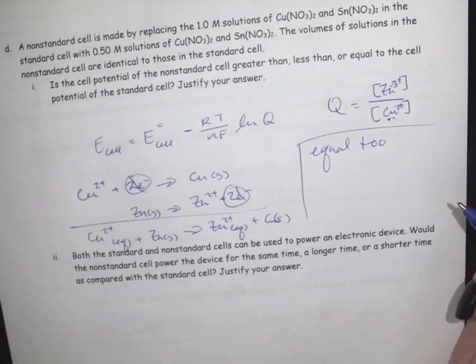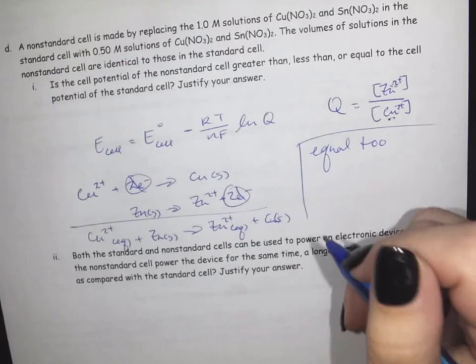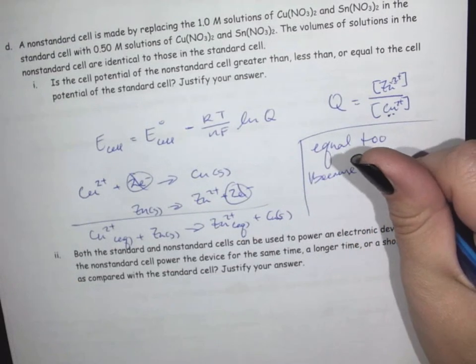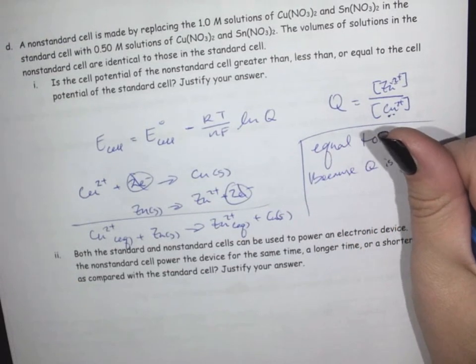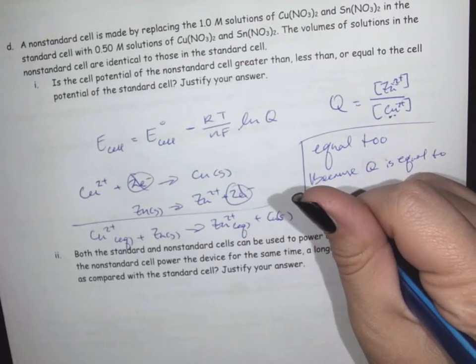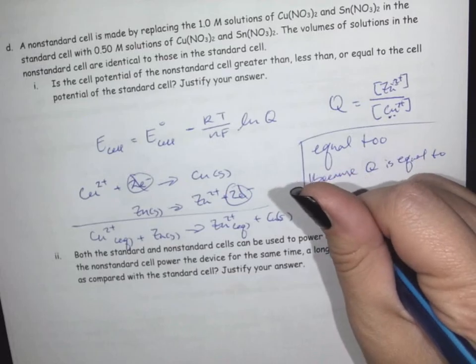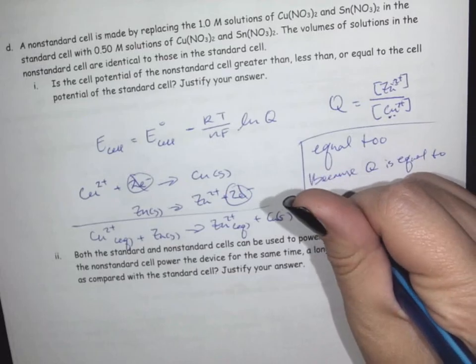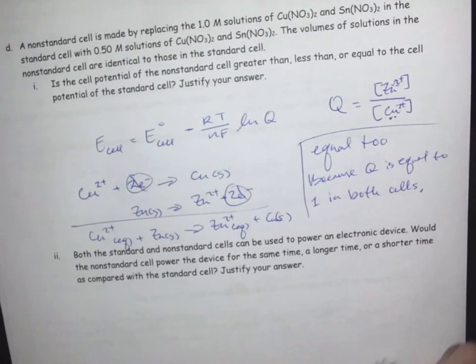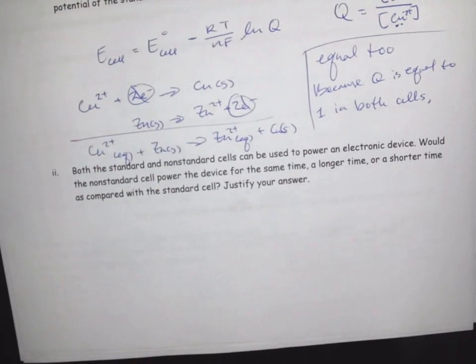So it's equal to the standard cell, because Q is equal to 1 in both cells. Both the standard and non-standard cells can be used to power an electronic device.